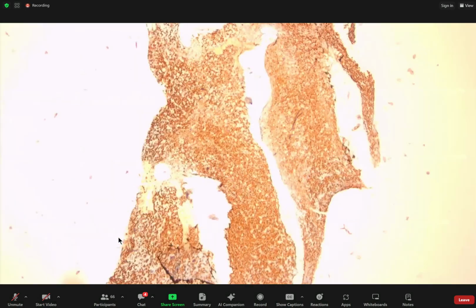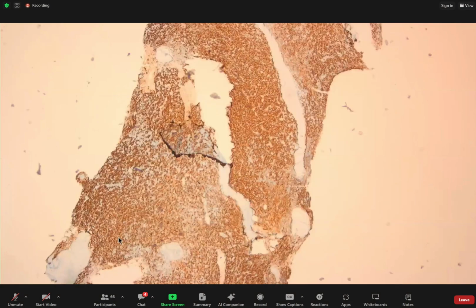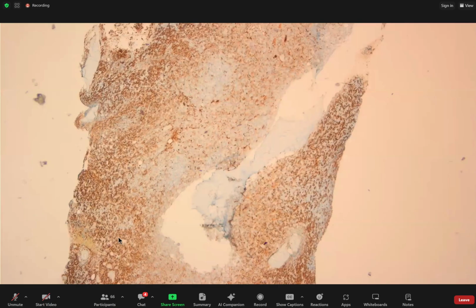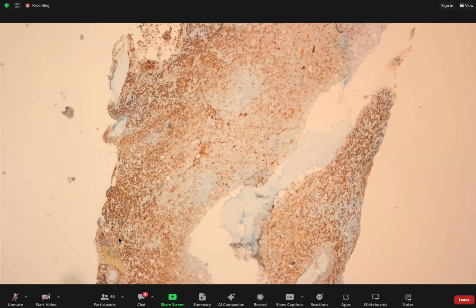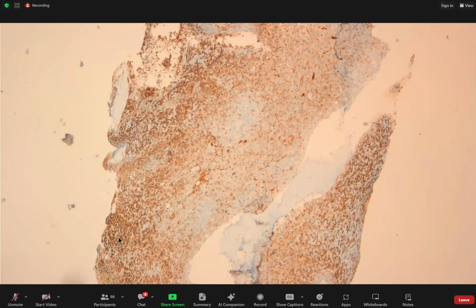Next, I'm going to show you my CD138 for plasma cells. Again, CD138 is increased, a lot of cells picking up this CD138. If you compare to the CD20 earlier, you can see there's an empty space right in the middle where the CD20 formed an aggregate.